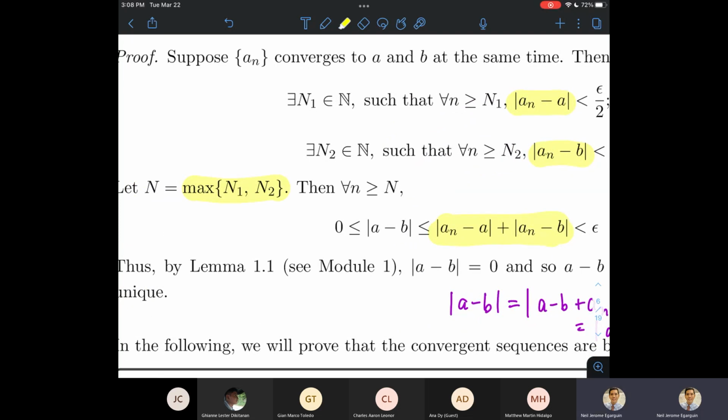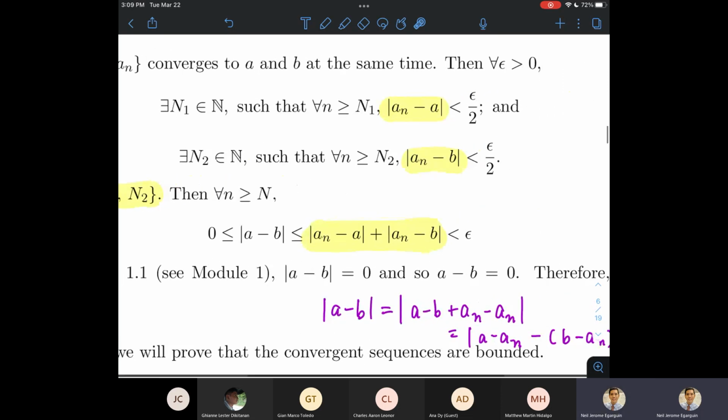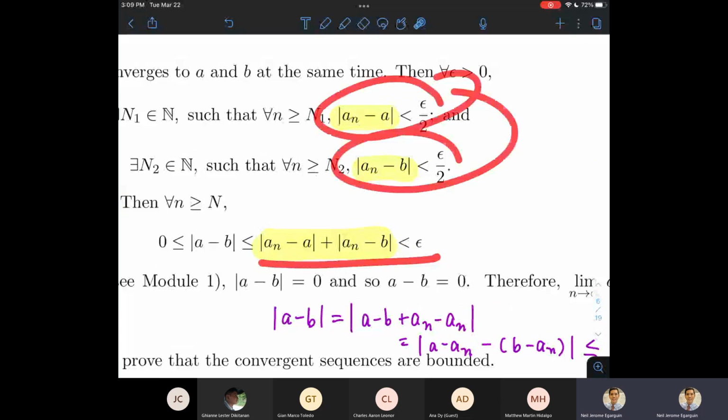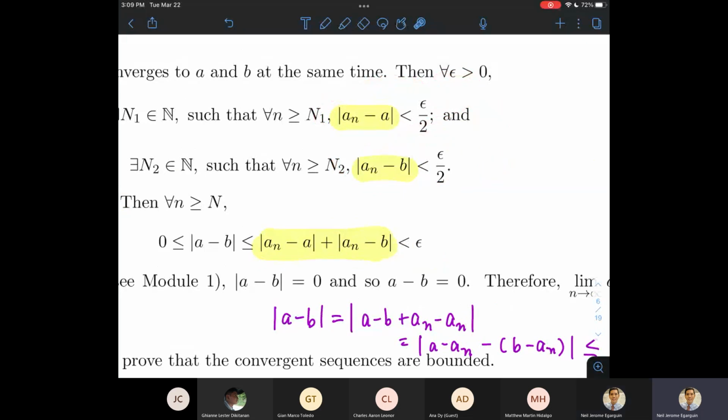Okay? So if that's the case, then kapag ka lumampas na si little n kay capital N, ibig sabihin lampas na siya parehas kay N1 at saka kay N2, mag-hold yung dalawang inequality, and then we'll get this result.